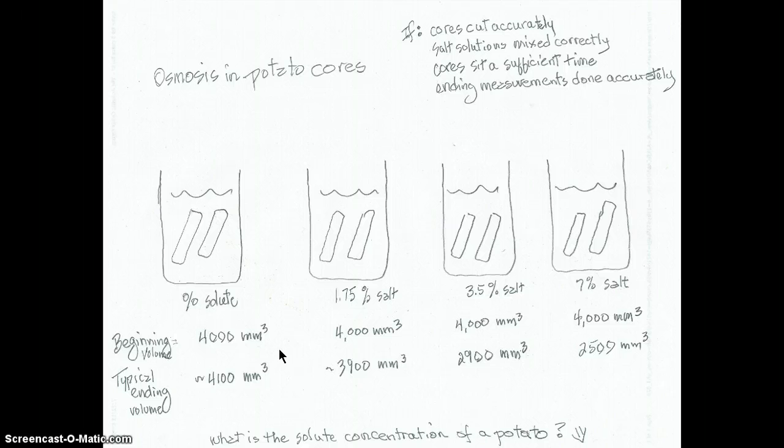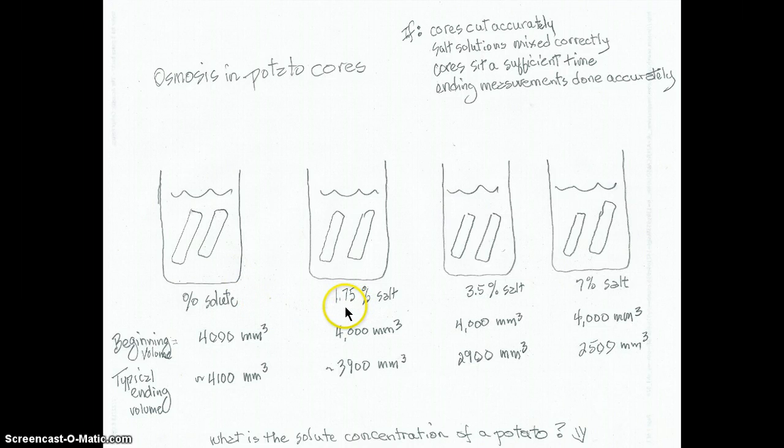Now this is tough because that's not much of an increase to be able to measure accurately. But theoretically, the cores in the 0% solute solution should have gotten a little larger. The cores themselves are hypertonic in relation to the environment that they're in, which is the hypotonic distilled water.